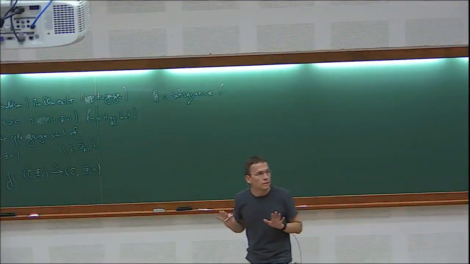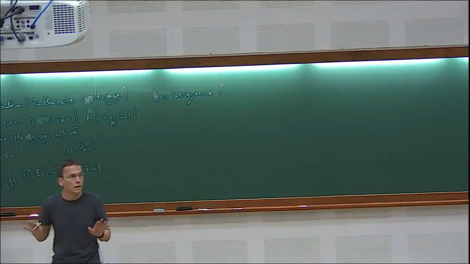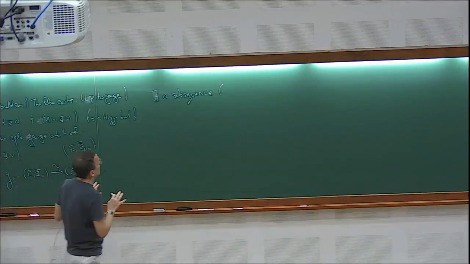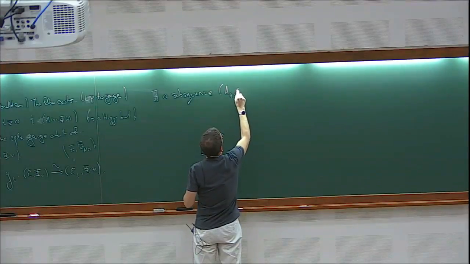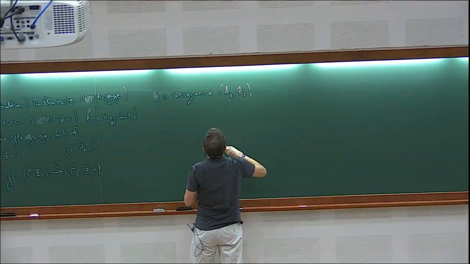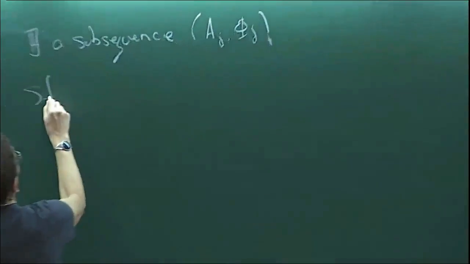Not yet, not yet. So the flow always exists for all time, for anything. So then we get a subsequence A_j, phi_j.